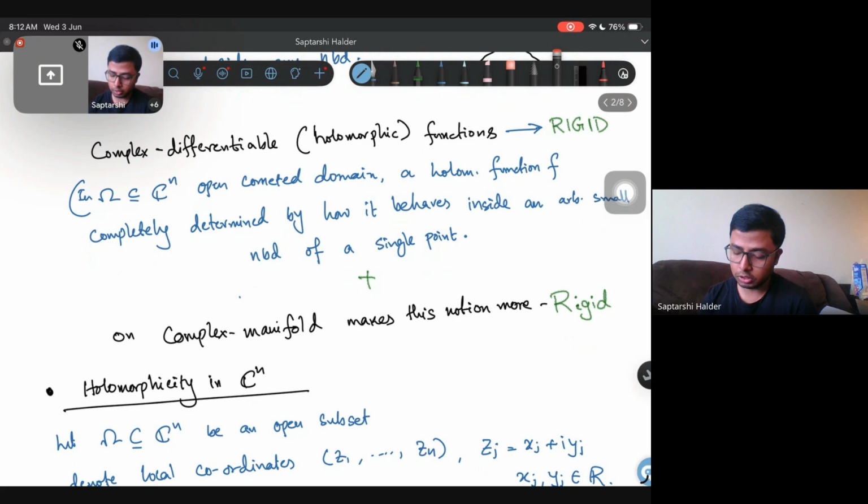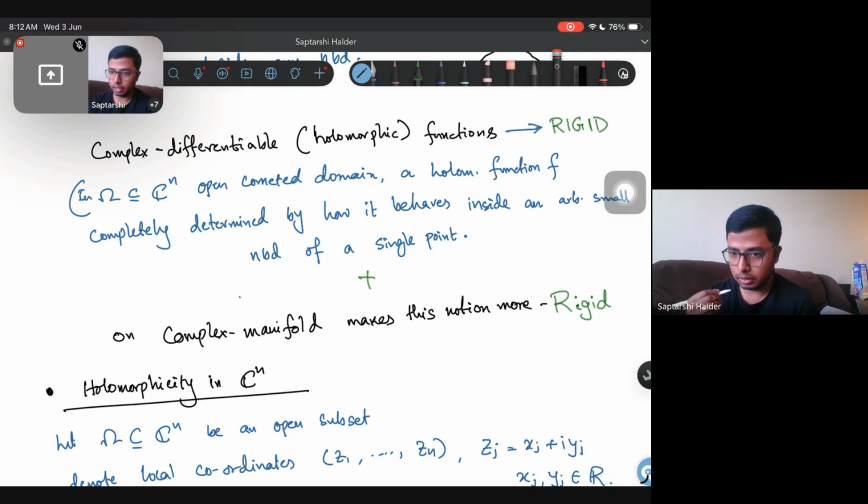Complex differentiable holomorphic functions are more rigid: in an open connected domain, a holomorphic function f is completely determined by how it behaves inside a small neighborhood around a single point. We want to extend it globally, but we don't know if there is any way to do it.